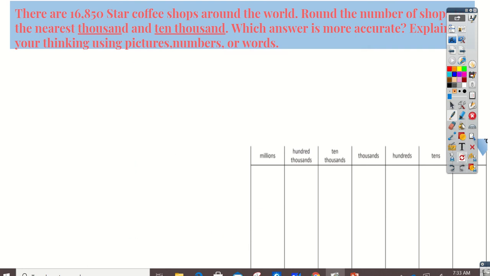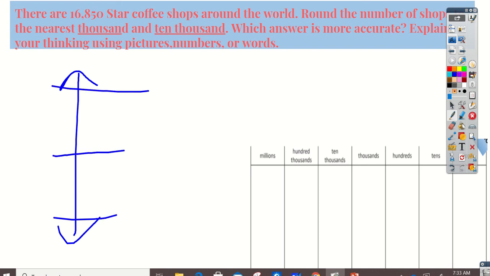Let's take a look at what it looks like if we were to round it to the 10,000s place. We're going to draw the same number line, except this time we're going to have our 20,000 at the top, and then at the bottom we're going to have our 15,000, and then 15,500.